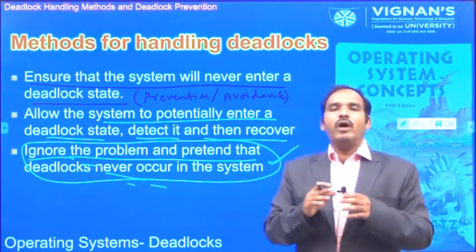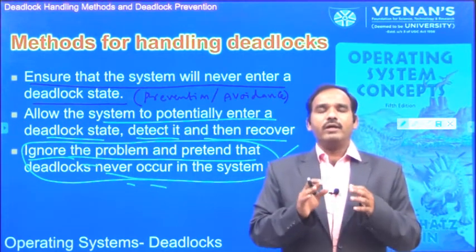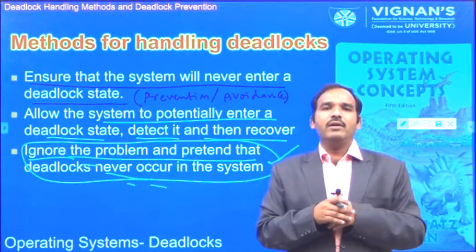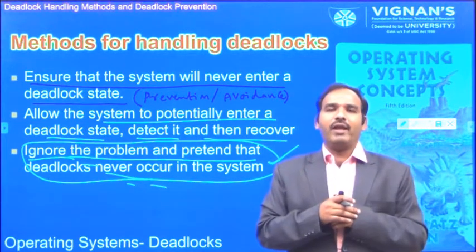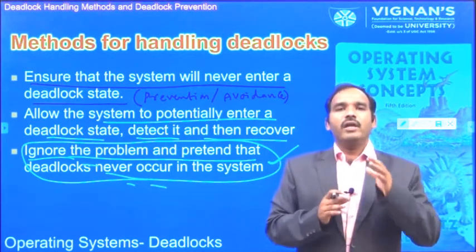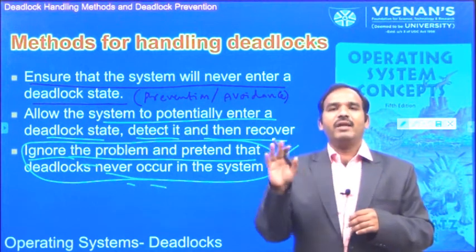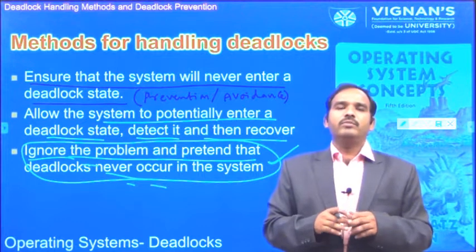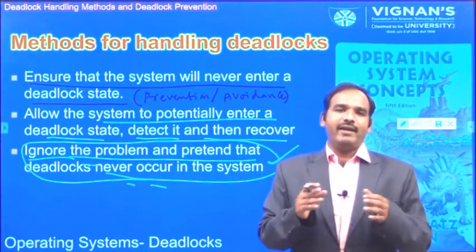Finally, there are three kinds of deadlock handling methods. One is to ensure that the system never enters into a deadlock state, which you can do simply with the help of prevention and avoidance.